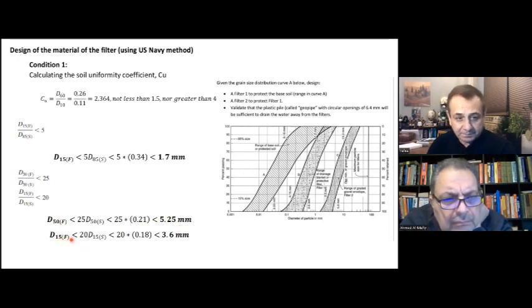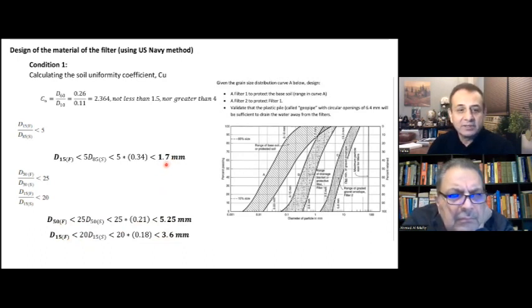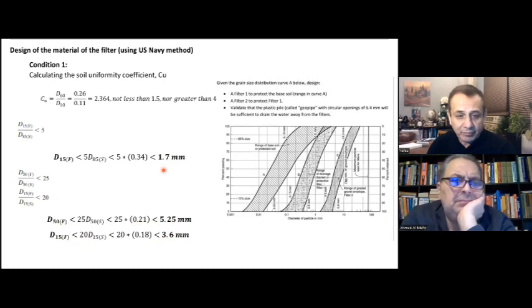D15 filter should be less than 3.6, but here we see that the first condition controls, because already we have from the first condition D15 filter should be less than 1.7. Here we have less than 3.6, so less than 1.7 will control, will govern.